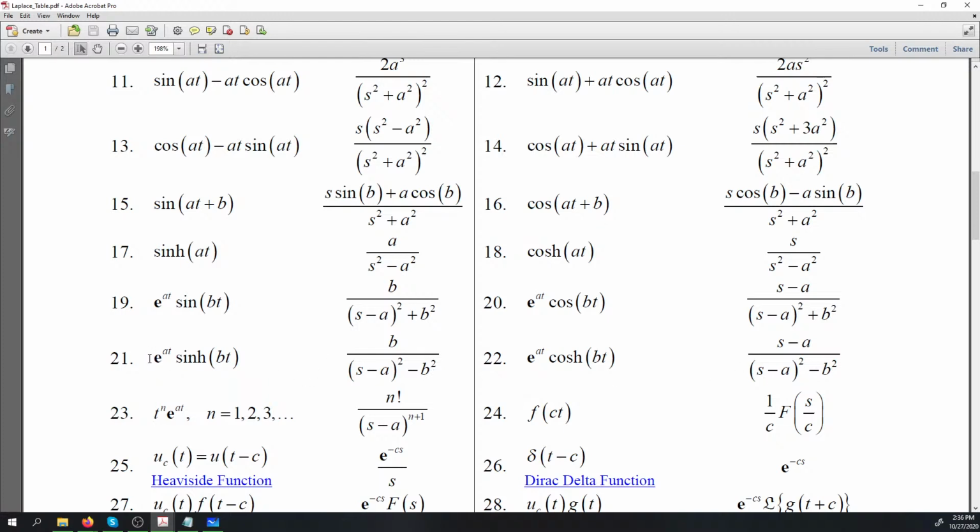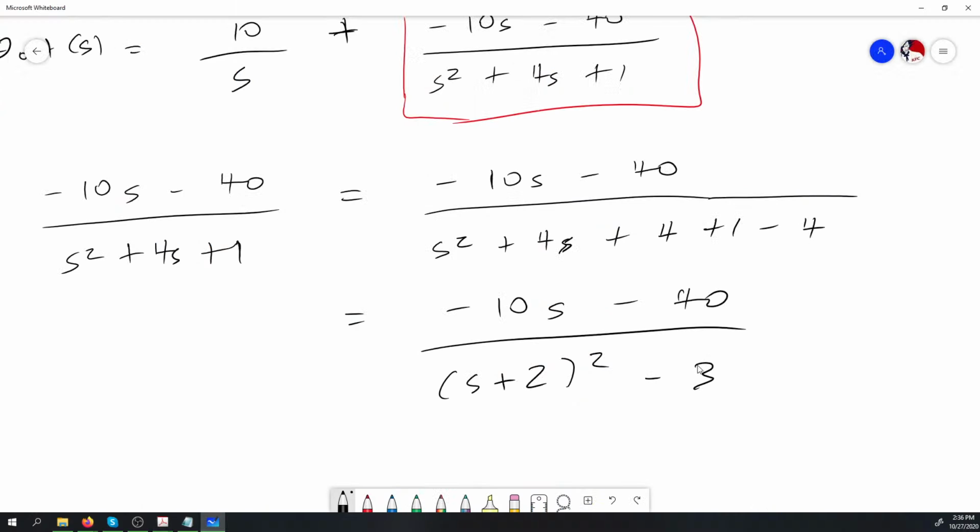So in this particular case, we'll be focusing on using the e^(at) sinh of bt and the e^(at) cosh of bt. And the reason for this is that we have minus b squared here instead of positive b squared. So once you see minus b squared here, meaning that this factor here is minus, this is going to resolve into e^(at) sinh of the factor, and e^(at) cosh of that factor in particular, because of this minus 3 here.